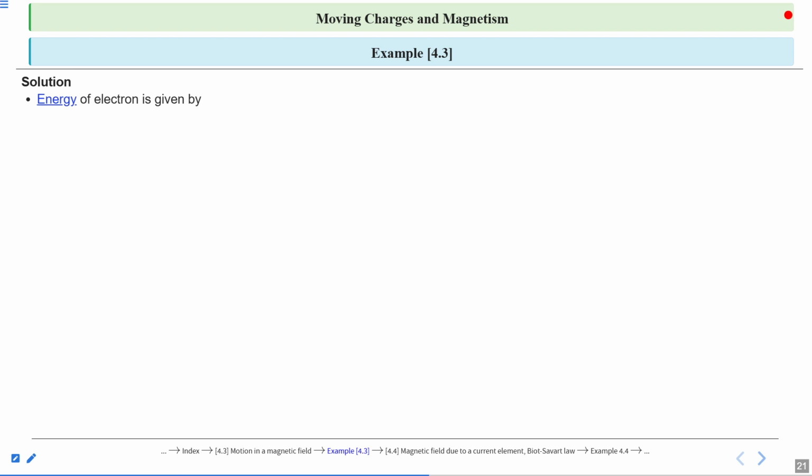Okay, now we can calculate the energy of the electron. The electron will have kinetic energy due to the magnetic force. So kinetic energy will be half mv square, equal to half into 9 into 10 to the power minus 31 kg into 9 into 10 to the power 14 meter square per second square.